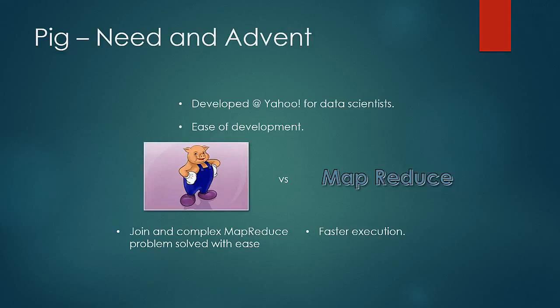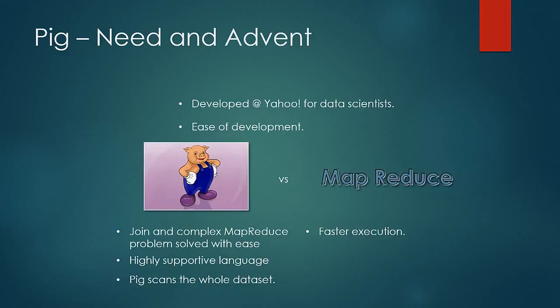Pig is a highly capable language, and most of the operations that can be done in MapReduce can easily be done through Pig. However, it doesn't have the capability to touch only a small portion of a dataset. It scans the whole dataset with each operation. So capability-wise, it is almost as strong as MapReduce, but just a little less strong.